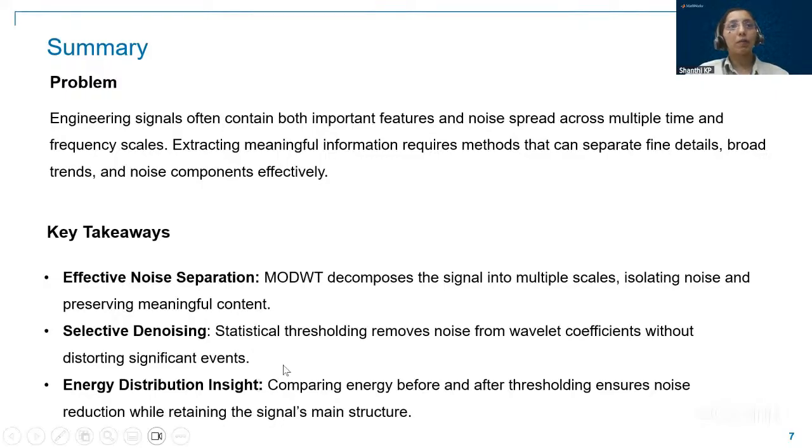And we also compared the energy distribution before and after thresholding to ensure noise reduction while retaining the signal's main structure. And we ended the solution by verifying the effectiveness of our denoising method by doing a spectral analysis. We can also do it by calculating signal quality metrics like signal to noise ratio or root mean square error value.